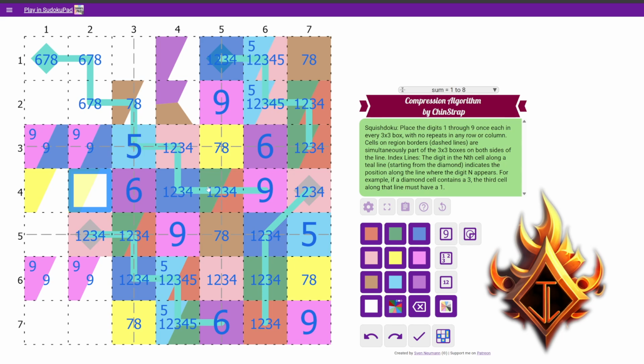How about... Well, this one is not this one. So it goes here. So now what's this missing? Is it a brown? It is a brown, isn't it? So that's a 7, 8 right there.